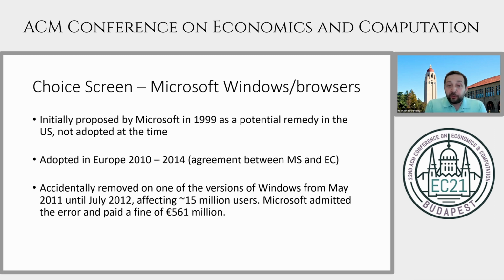It was not adopted at the time in the United States, but it was adopted in Europe for a 5-year period from 2010 to 2014 as an agreement between Microsoft and the European Commission. The idea is that when you install a new copy of Windows, instead of having Internet Explorer pre-installed, you would get a choice screen in front of you where you have a choice of multiple browsers, one of which is Internet Explorer, but you also have several others. And then that allows these browsers to compete on equal grounds.